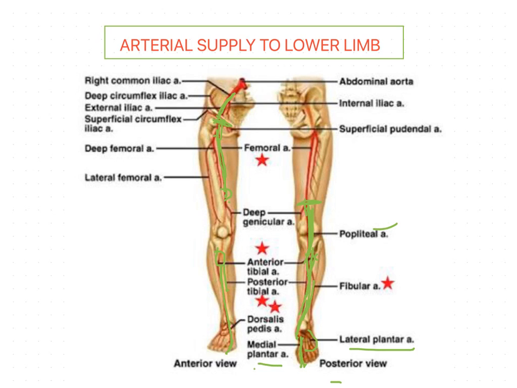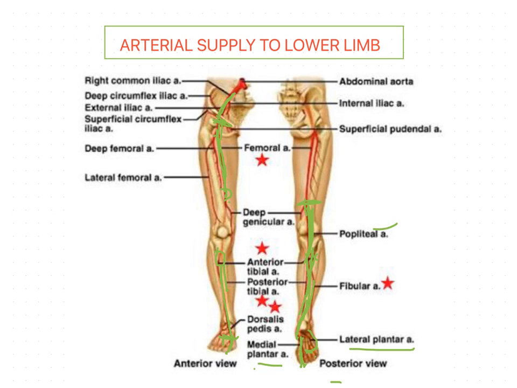Okay, this lateral plantar artery forms the plantar arch, which is going to end up by anastomosing with the dorsalis pedis artery. Okay, this dorsalis pedis artery will have an arcuate branch. So this plantar arch and this arcuate branch will communicate through perforating arteries.